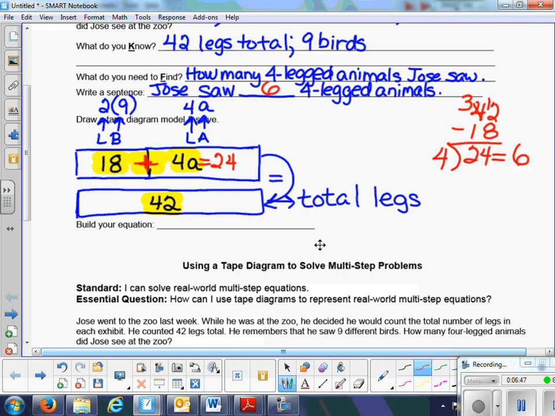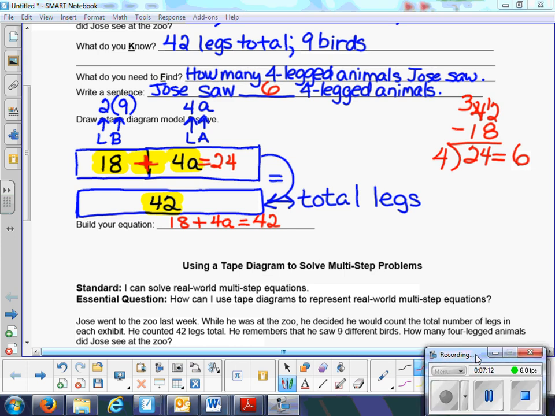So we can write our algebraic equation as 18 plus 4A equals 42. Now you could solve it by doing that subtraction like we just did, or since you have your equation, you could go back and solve it algebraically to check yourself, or you could even use the circle diagram model that we have previously used to check yourself also.